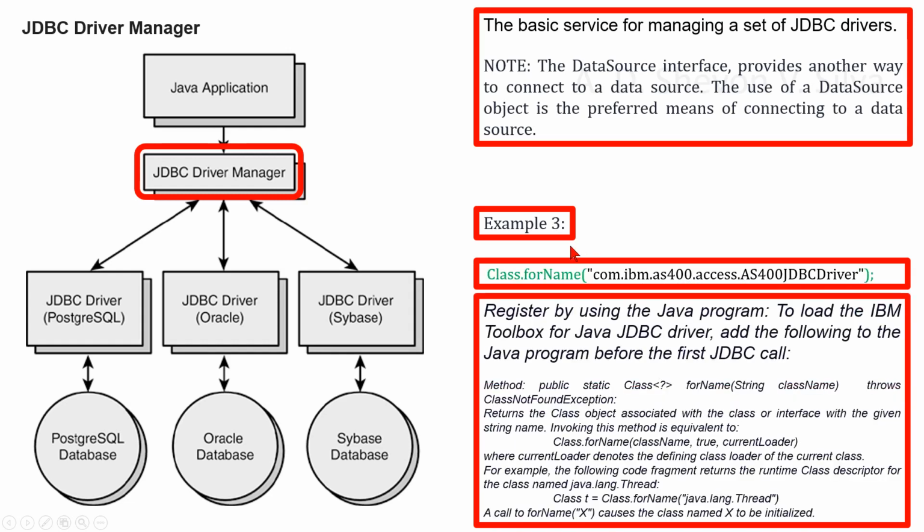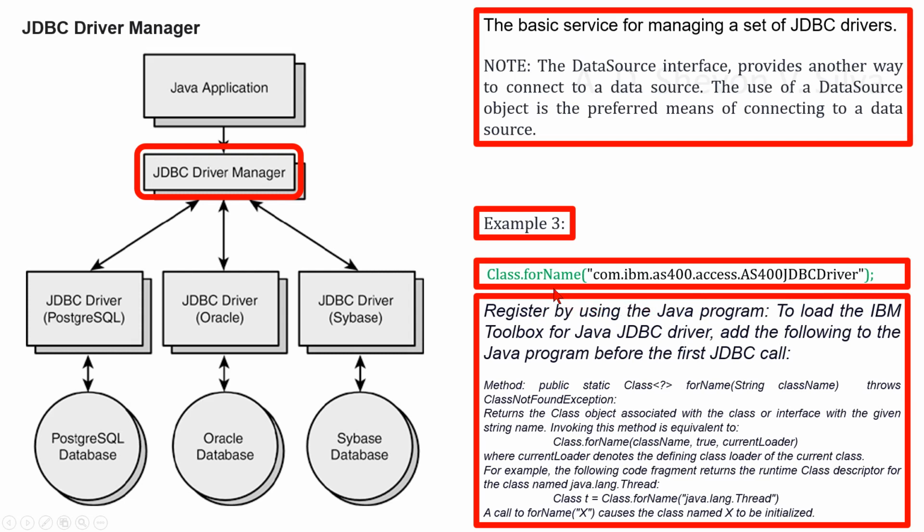As an example 3, we can consider this code segment. Register the IBM Toolbox for Java JDBC driver by adding the following to the Java program before the first JDBC call.